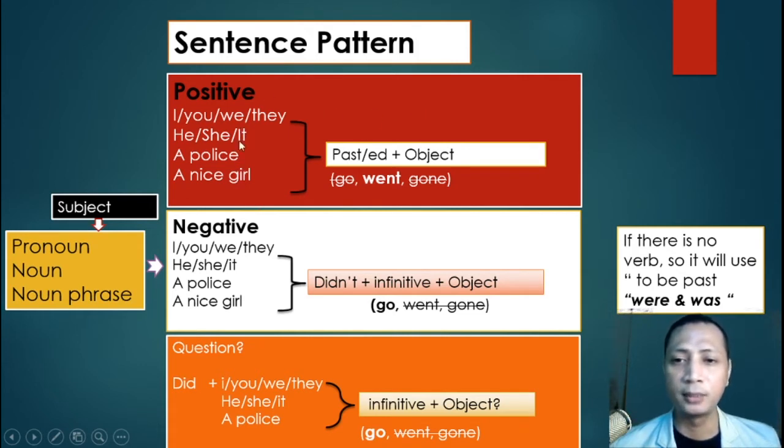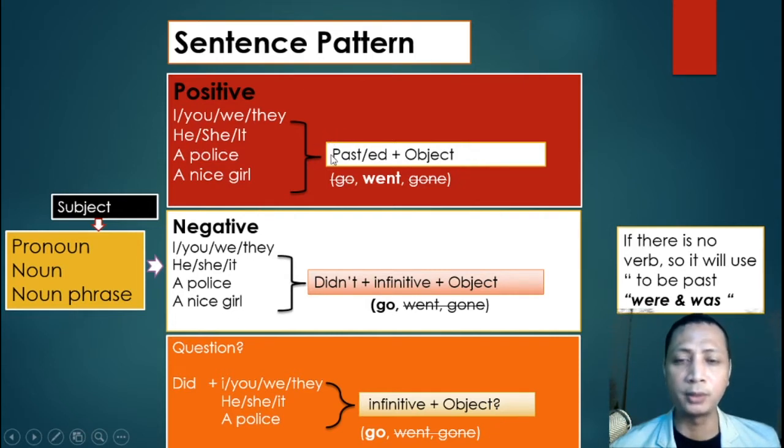Here, the formula or pattern for the positive of past is a subject followed by past, and then slash ed. Past here, normally people in Indonesia say is verb 2. Verb 2, and then slash ed, and plus object.